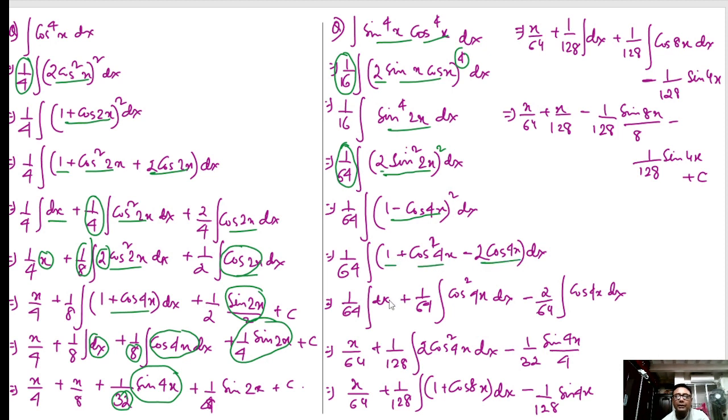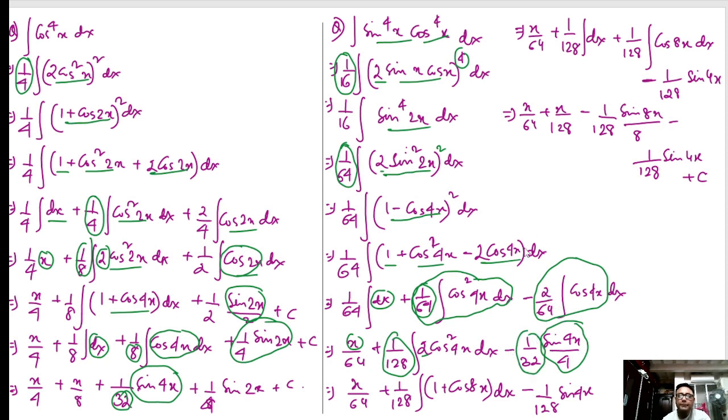Integrating separately. As you can see we have separated the terms, and now integration of dx is x, and cos, so we are doing by 2 into 2, it becomes 128 and here is that 2. Integration of cos 4x is sin 4x by 4, and 2 by 64 becomes 1 by 32.